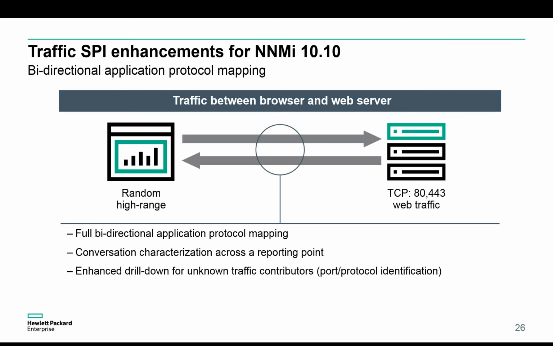What we've introduced in 10.10 is the ability to capture the return traffic that is returning to an unmapped random high range port as part of the conversation and correctly characterize the application that it's associated with. So that really helps us capture the full conversation, the full volume of the conversation across a particular reporting point, and it enhances our ability to characterize what was previously unknown traffic.